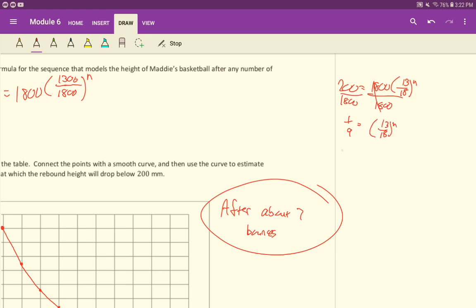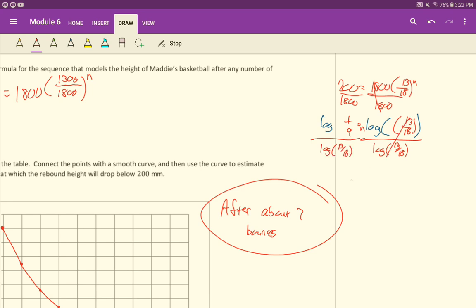Now use a logarithm. I'll just use log base 10 on both sides, and then that n can come out front. And we'll divide both sides by the log of 13 over 18.